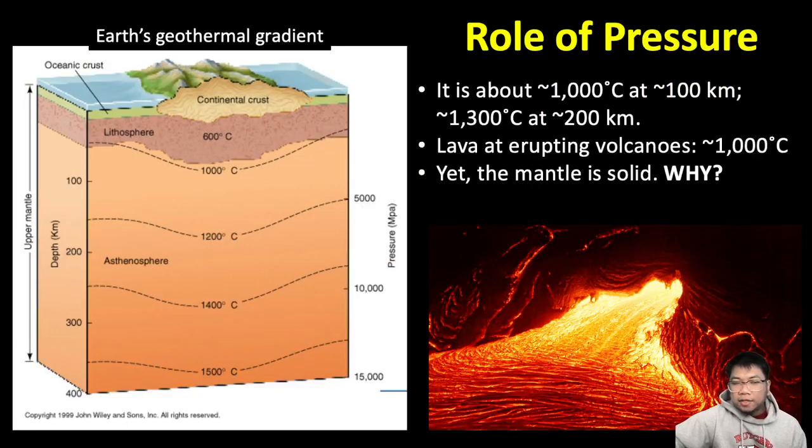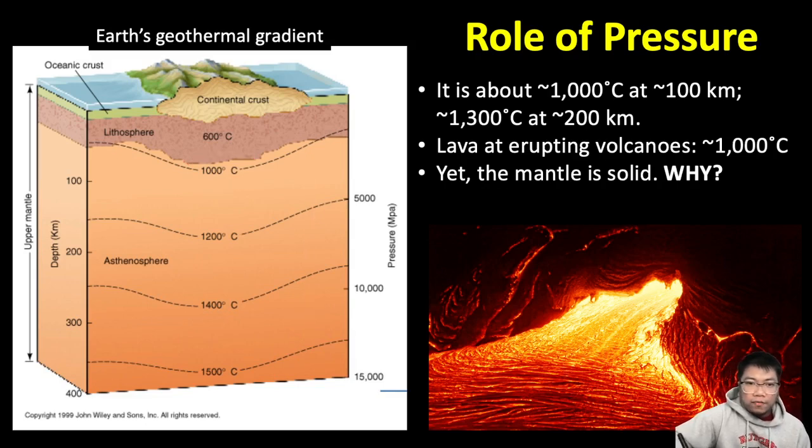The second process is called decompression melting. This is a bit counterintuitive, so I want to take this a bit slowly. Here on the left, you see a cross section of the Earth that shows the Earth's geothermal gradient, meaning that by looking at this cross section, we can figure out how hot the Earth is as we go deeper into the Earth.